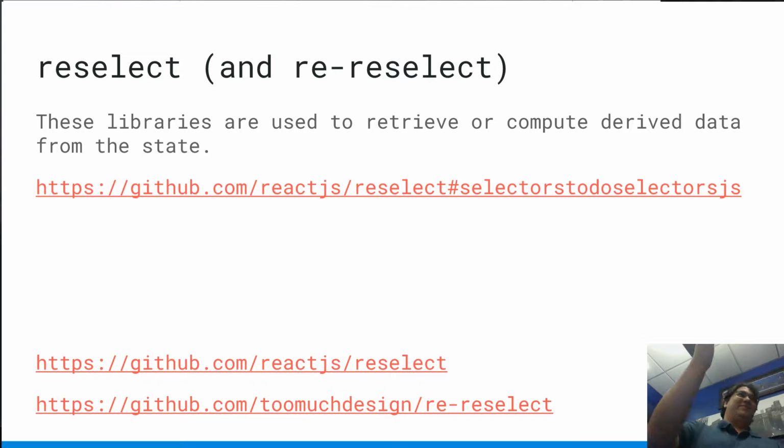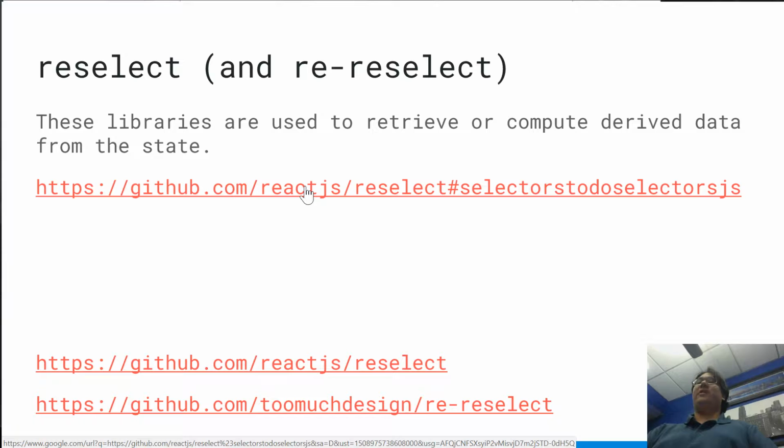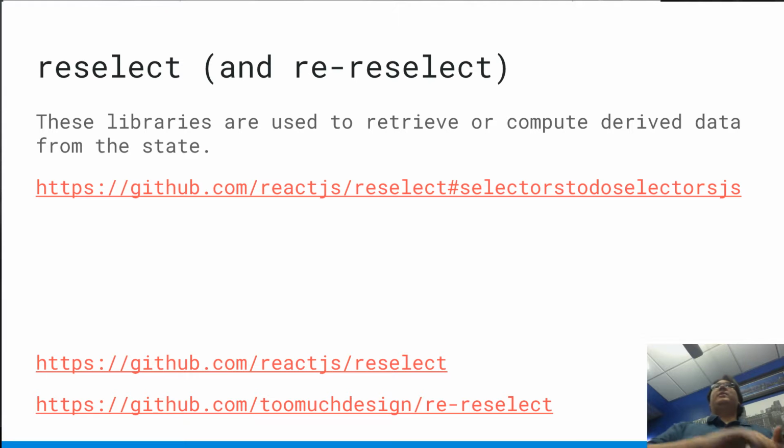So reselect and re-reselect, very, very cool libraries. They're used to retrieve or compute derived data from a state. And what I mean by this is, say you have an array of something, some IDs or something that you need from Redux.